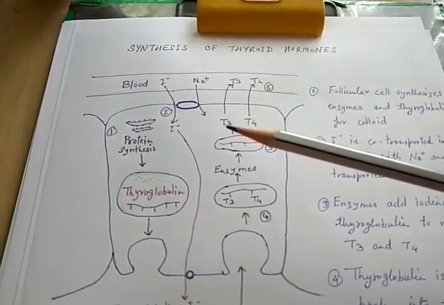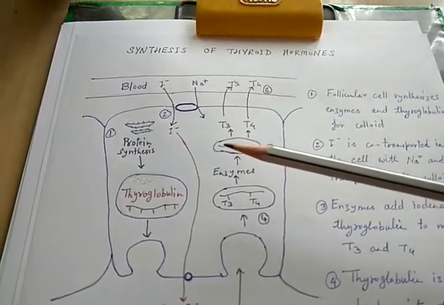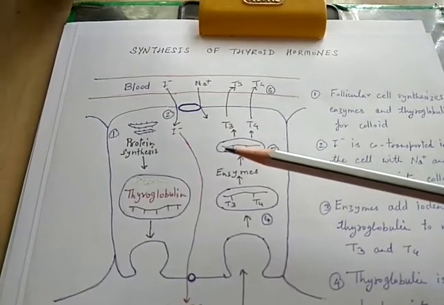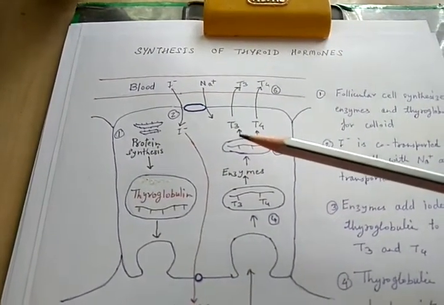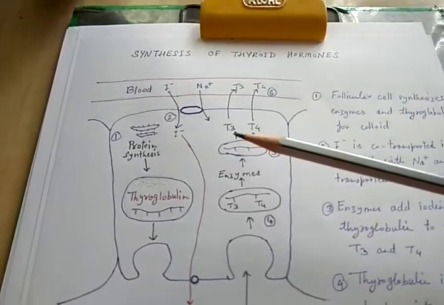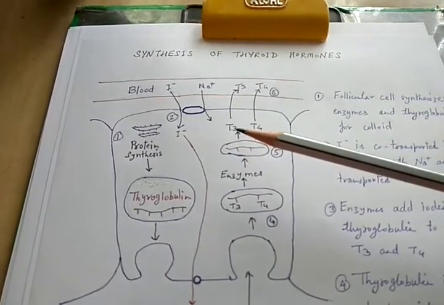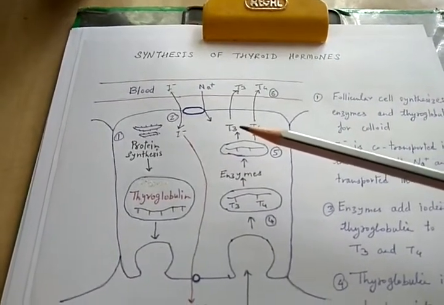So synthesis of thyroid hormones requires two important precursors, that is iodine and the tyrosine, that is present in the thyroglobulin molecule.